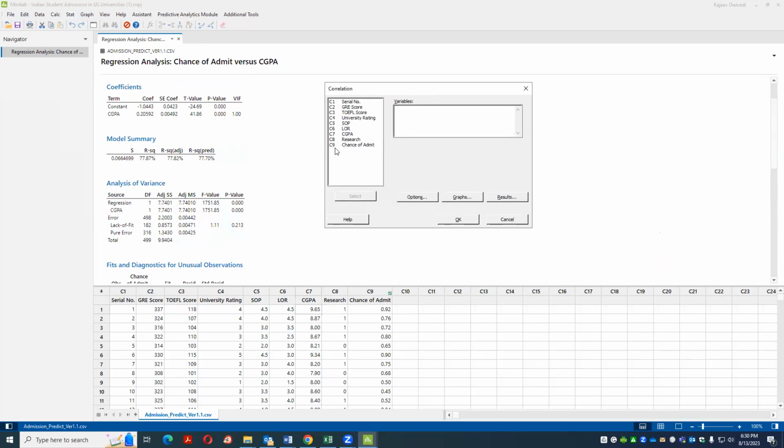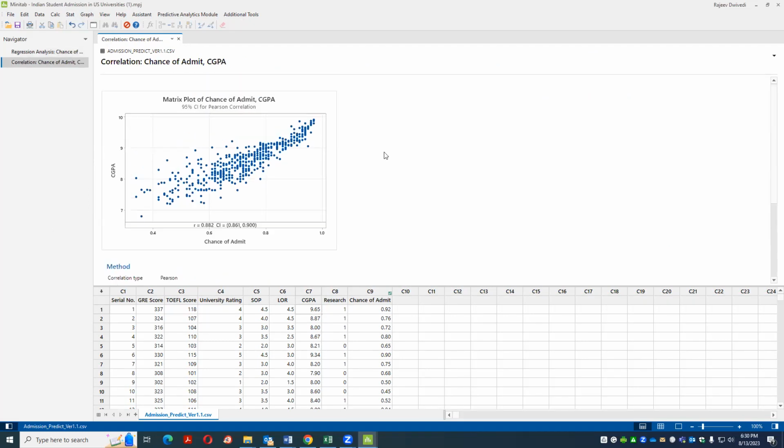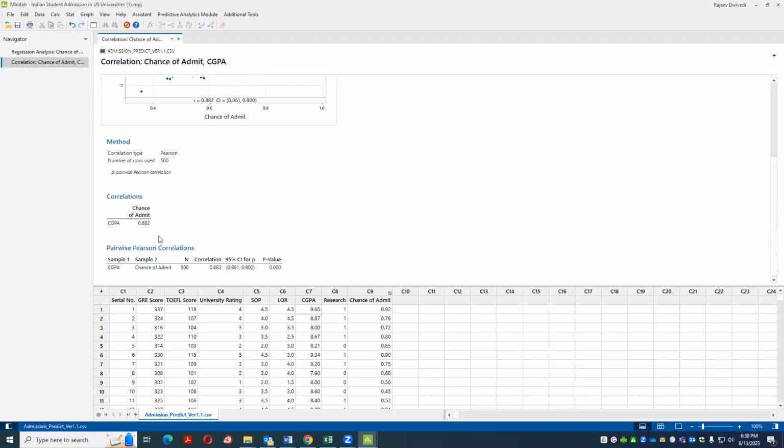Chance of admission and GPA. Results must be pairwise correlation, and okay. So you see this is a correlation, and the correlation with GPA is 0.882.